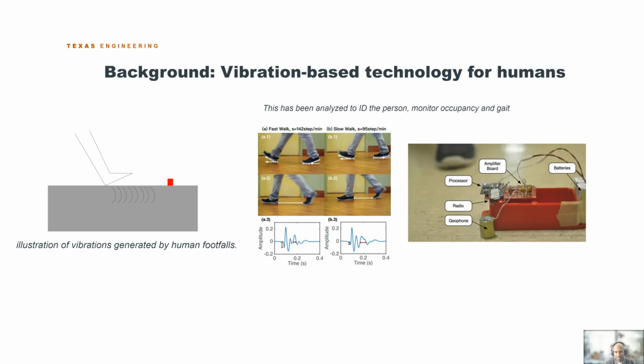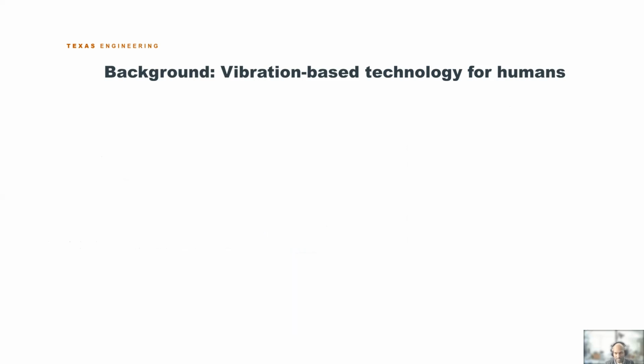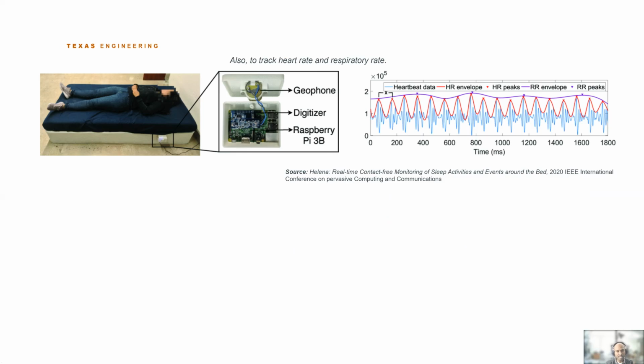Similarly, another similar piece of research is that when we lie down and sleep on a cot or somewhere, our breathing as well as heartbeats again induce vibrations in the bed frames. And here, similarly, they use geophones, very low frequency sensors, to detect the heart rate as well as the breathing rate.